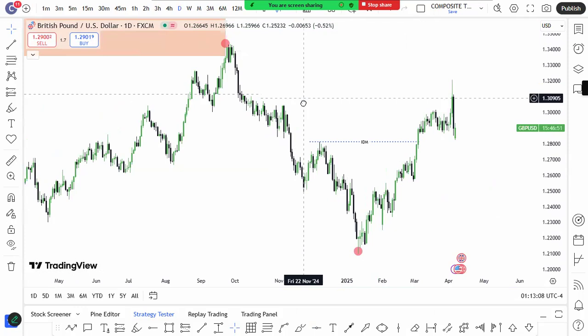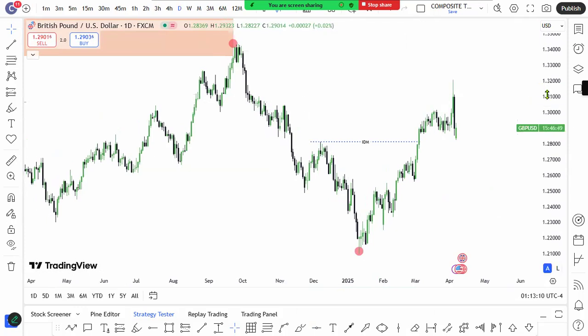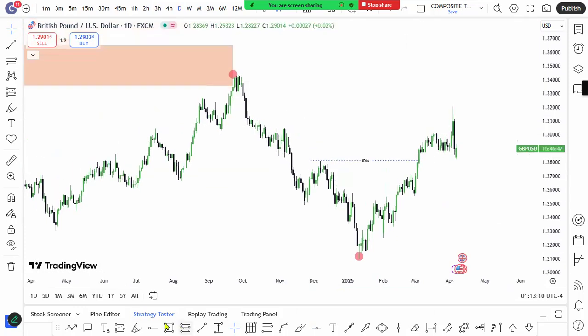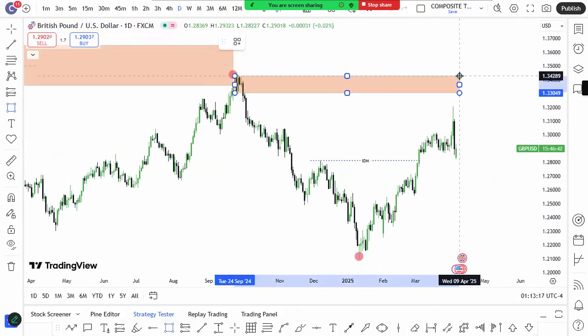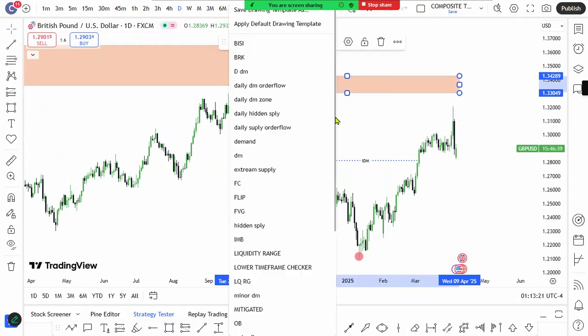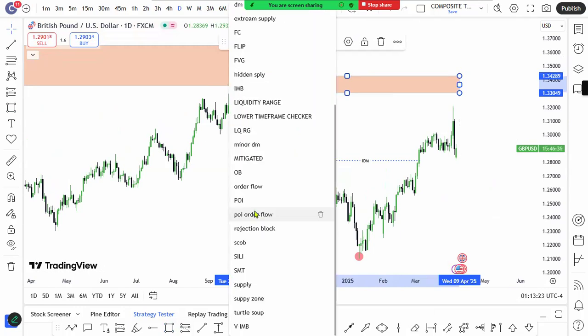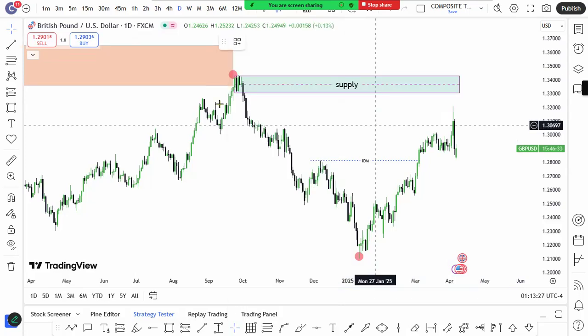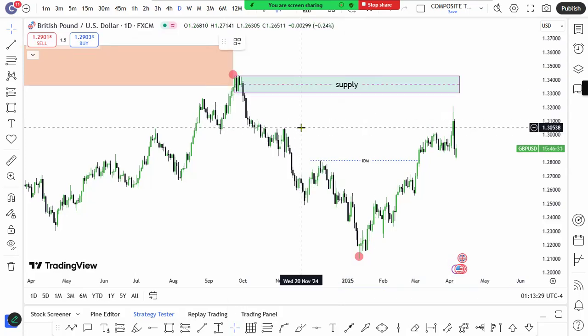So look at this entire move here. Price according to the weekly was supposed to come at least here. This is a very nice supply zone that the market was supposed to go to. That is an unmitigated supply.